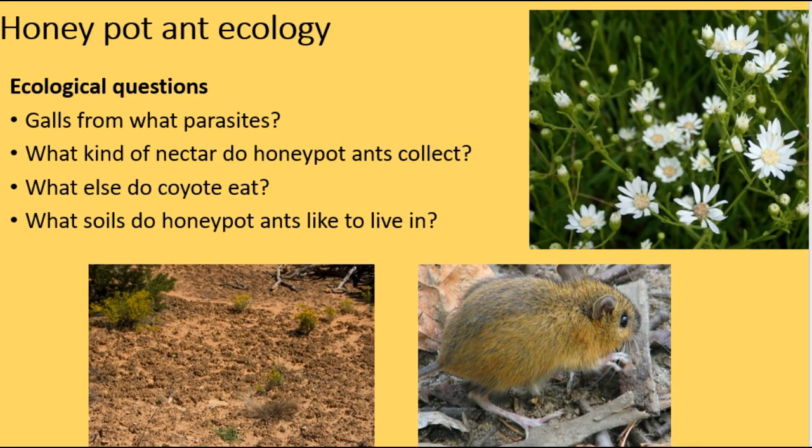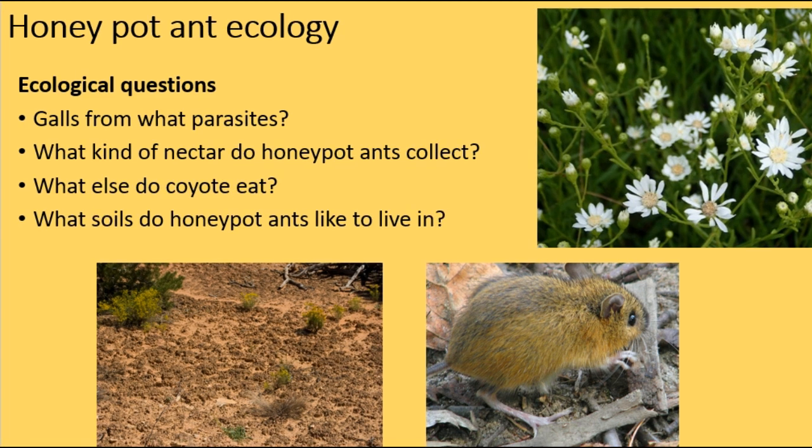So we have our ecological questions we're pondering, and we're thinking about ant ecology and all of those species that are rare in the garden. So we want to know galls from what parasites. Maybe the galls that they like to eat are no longer available. Then we want to know what kind of nectar do honeypot ants collect. Perhaps they collect the nectar of the white goldenrod, which is no longer abundant in the park.